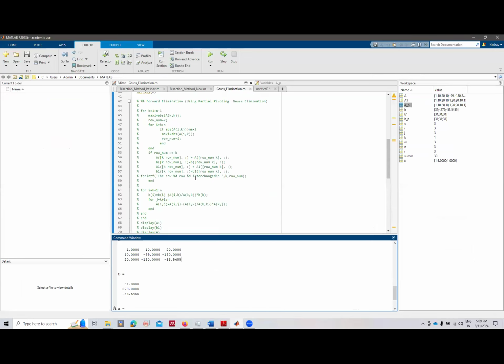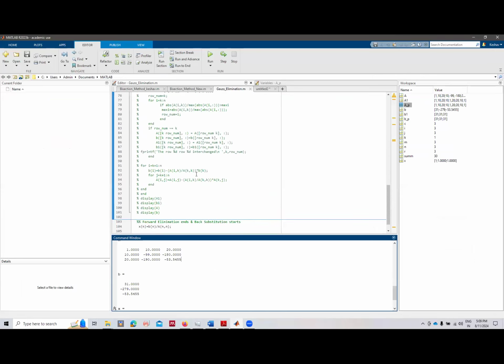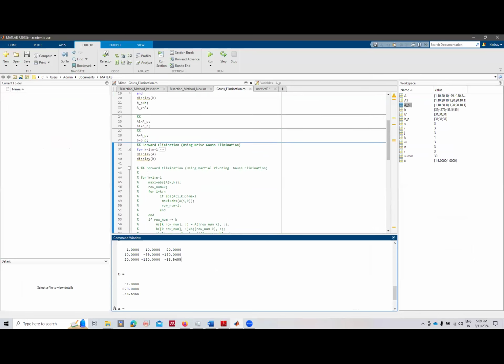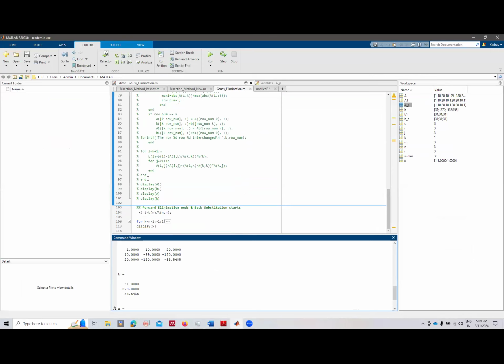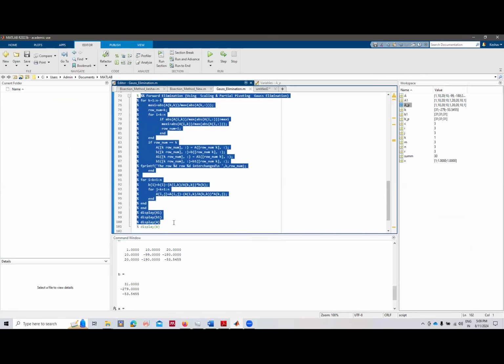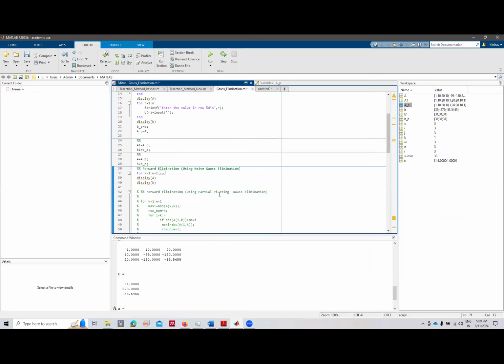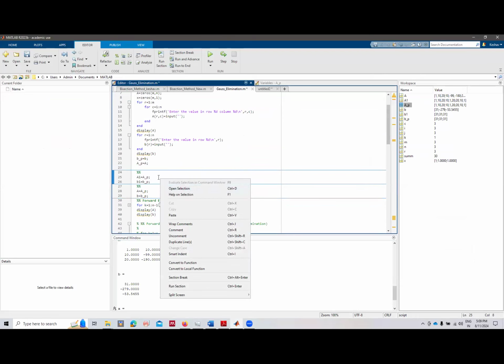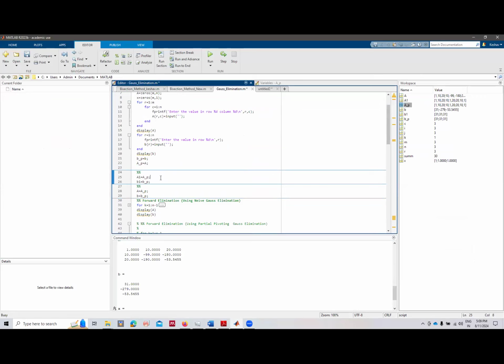Now, if I want to go with scaling and all, what I need to do? I simply select from here to here and uncomment it. I have uncommented it. Now I will run this section.